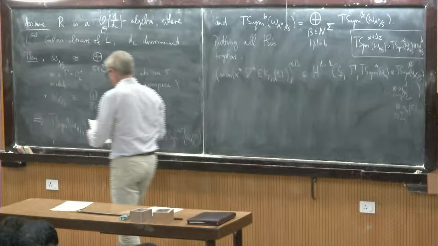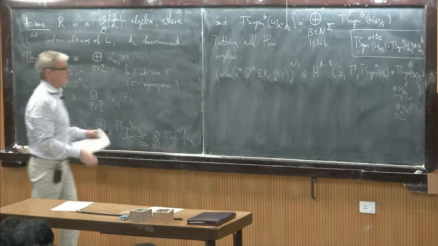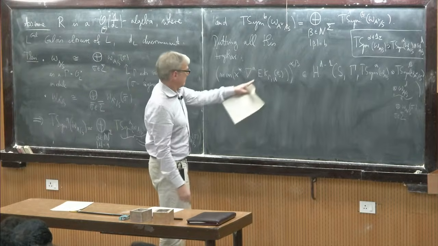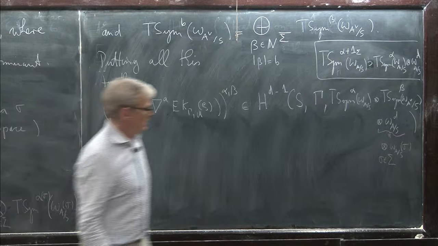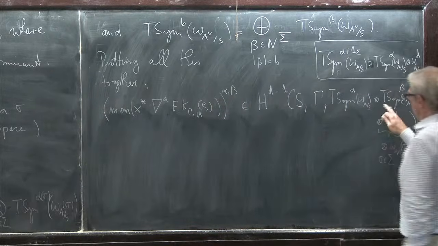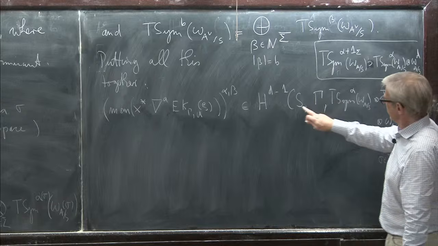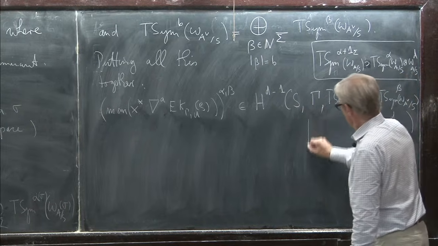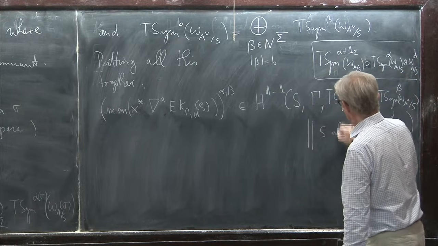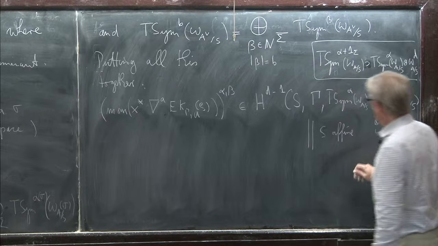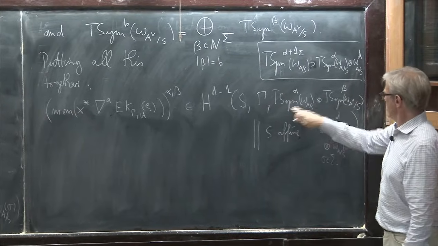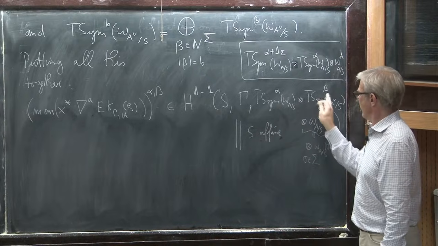Okay, so we have that class, and this is the class we're interested in. But before we go on, we now realize that because S is affine, this spectral sequence collapses completely because there's no higher cohomology on an affine scheme with values in here.